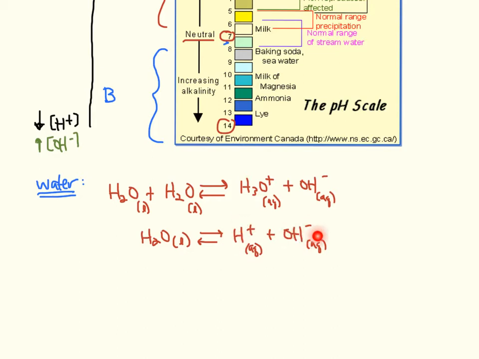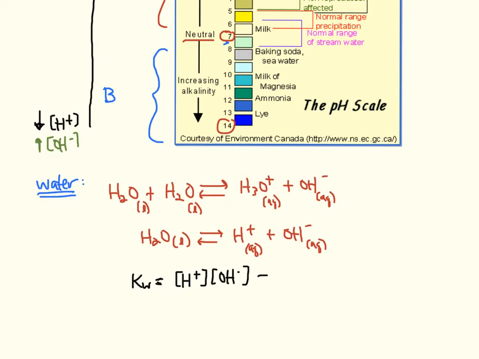and equal parts base. Now mathematically, this works really well because if we wanted to write the equilibrium expression for water, remember Kw is the equilibrium constant for water, you would write hydrogen ion concentration times hydroxide ion concentration.